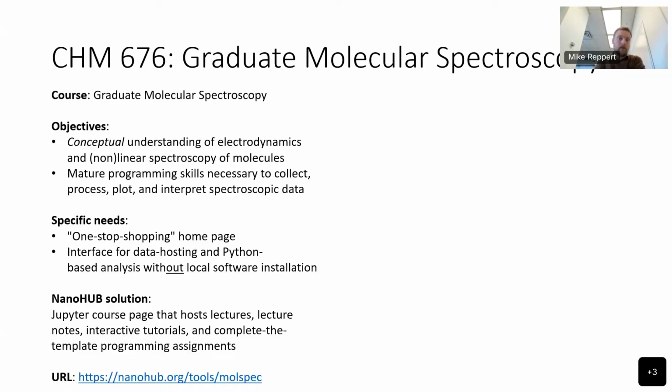But I am expecting them to develop those programming abilities faster, given that it's a graduate course. So by the end of the semester, students in this course will not only be able to plot data, but they'll be able to do things like write or at least modify molecular dynamic simulations with Python code in order to be able to visualize the kind of light matter interactions that we think about in molecular spectroscopy.